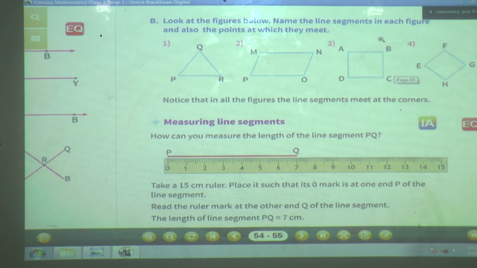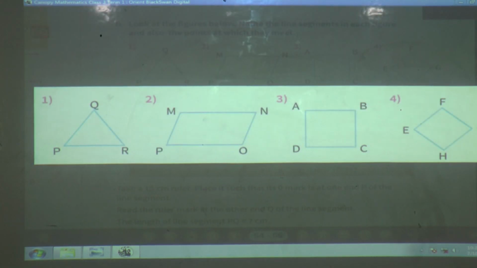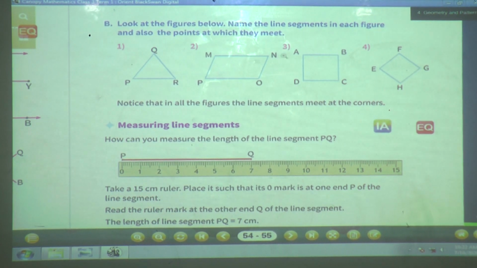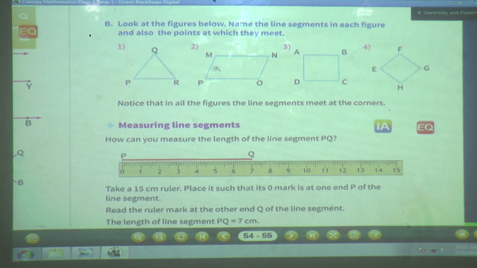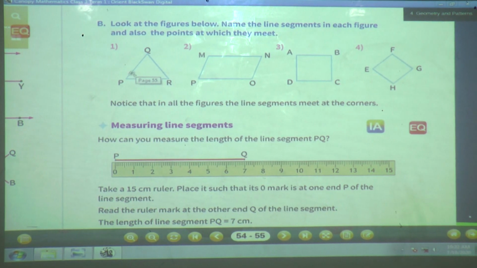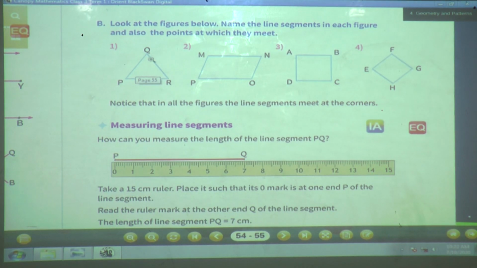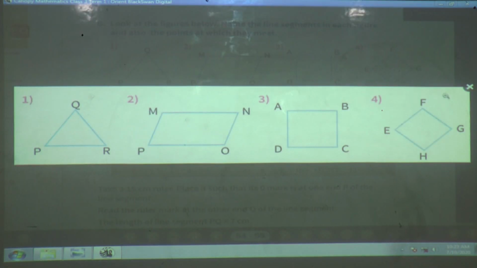Name the line segment in each figure and also the points at which they meet. Here some figures are given to you, and what we have to do? We have to write the name of the line segments, and also we have to write the points at which they meet.